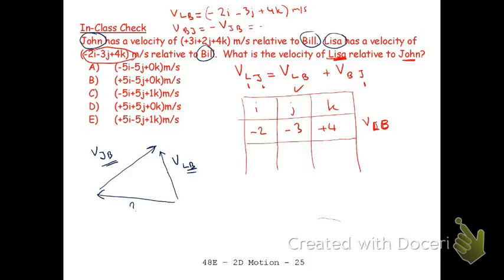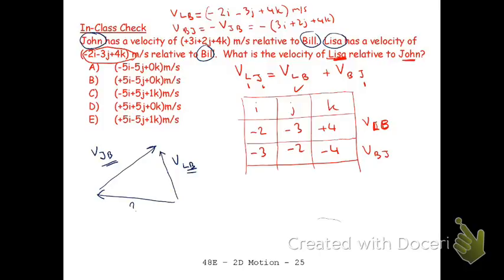So this is going to be minus, and my velocity of John relative to Bill is going to be 3i plus 2j plus 4k. So my velocity of Bill relative to John is minus 3, minus 2, and minus 4. It's the opposite of this guy, since that's in the wrong direction.